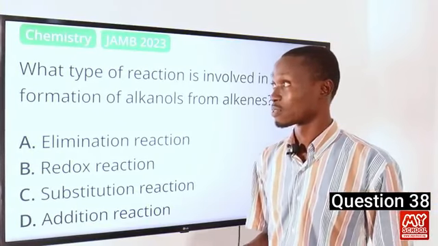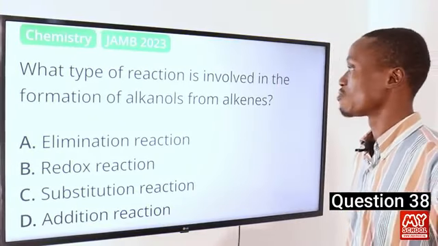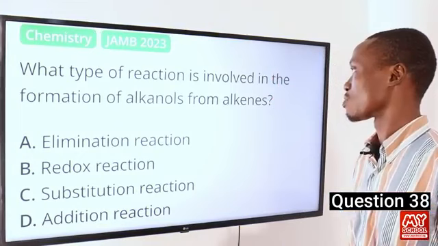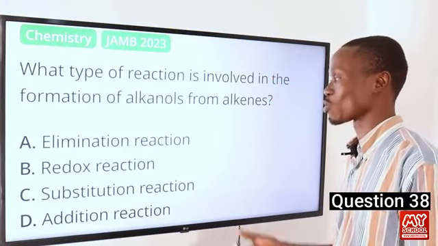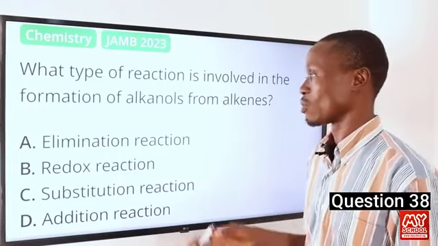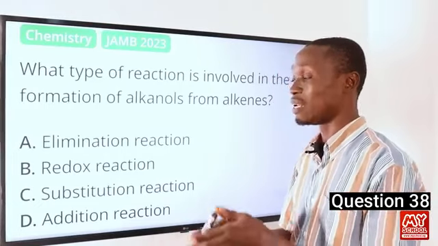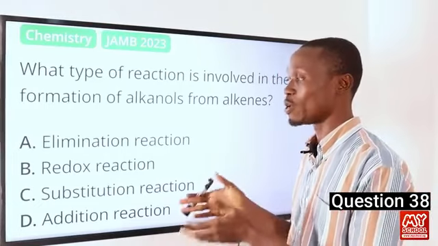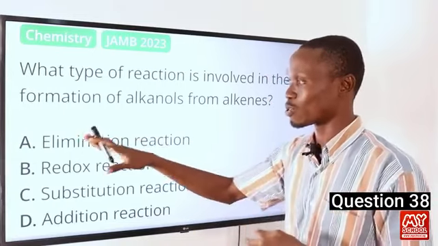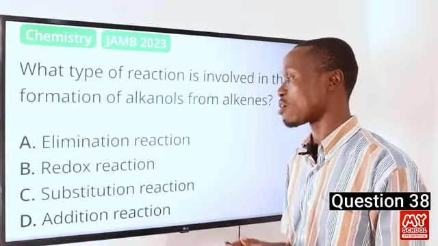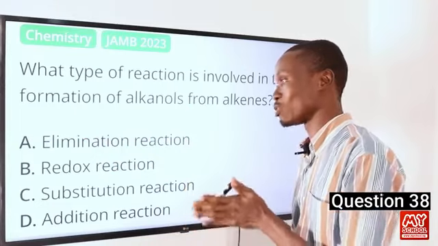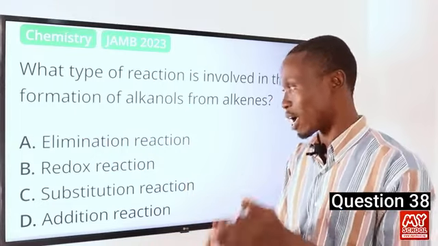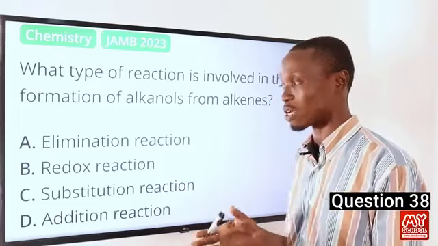Question 38. What type of reaction is involved in the formation of alkanols from alkenes? A, we have elimination reaction. In elimination reaction, two substituents are eliminated from a molecule to form a new substance. So the answer is not option A. Then B, we have redox reaction. Redox reaction is a type of reaction in which oxidation reaction and reduction reaction occur simultaneously.